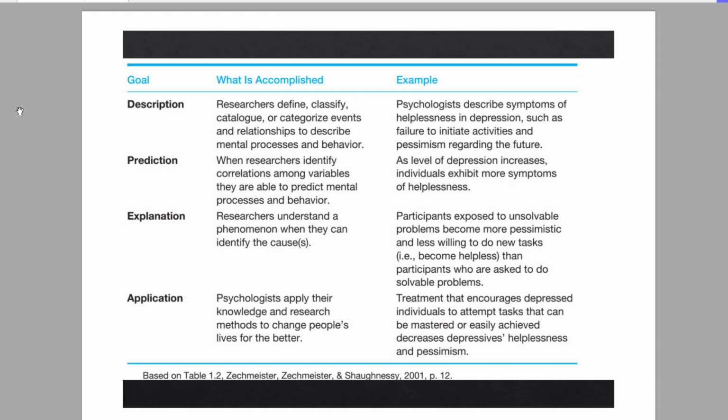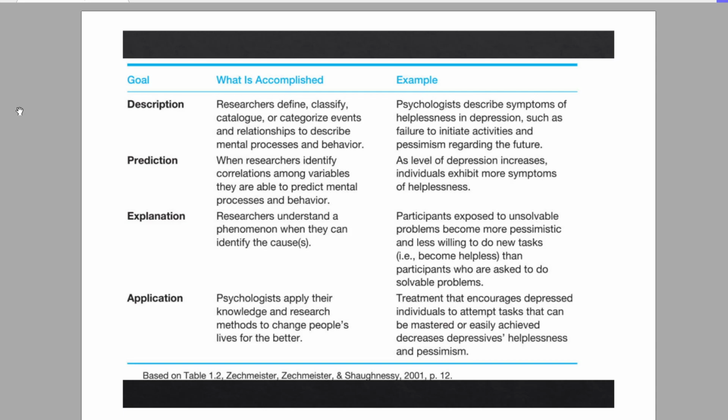So as one goes up, the other one goes down, or as one goes up, the other one goes up, but all those kinds of things. So how they're able to predict mental processes and behavior. So for example, as level of depression increases, individuals exhibit more symptoms of helplessness. And that's just kind of establish whether helplessness is related to depression.